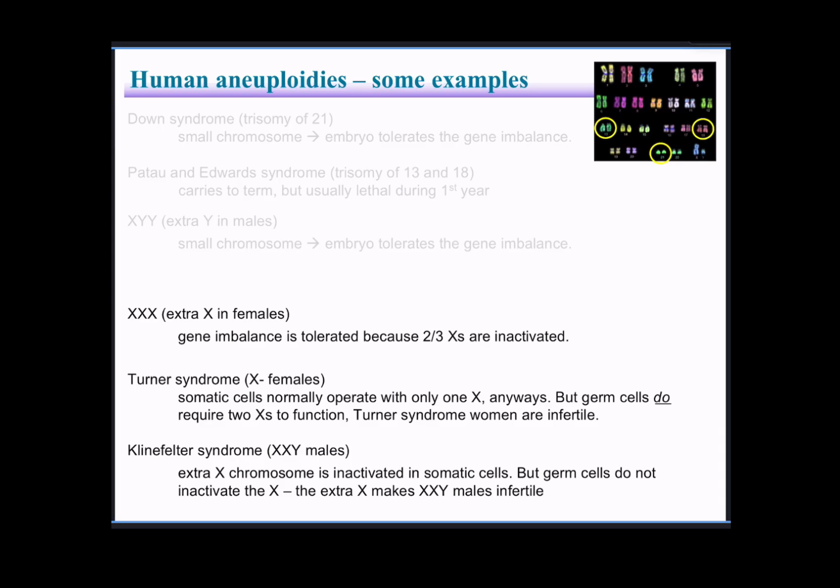In humans, females are XX, males are XY. And the presence of that extra X in females, or that missing X in males, depending on how you want to look at it, creates a difference in the genetic load associated with the X chromosome in either sex, right? So if you have an extra X in females, you would imagine that there are too many of those genes, or too few of those genes in males.